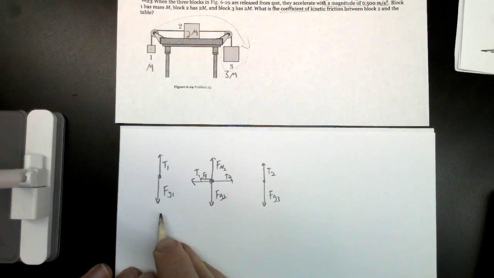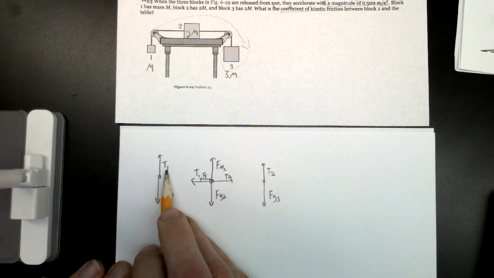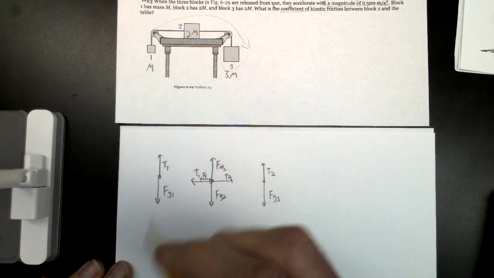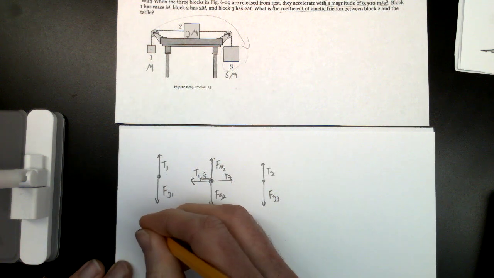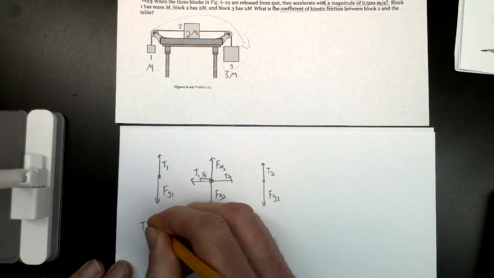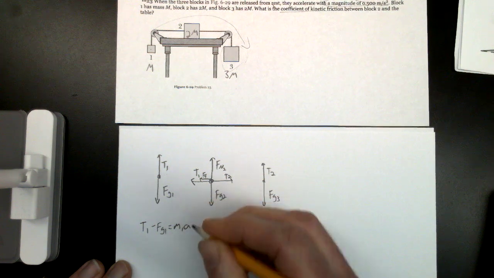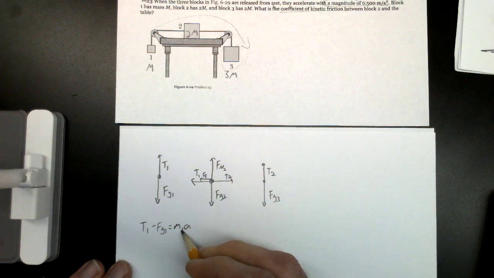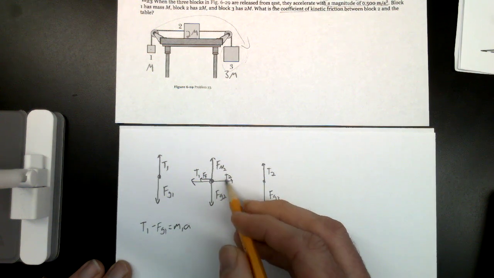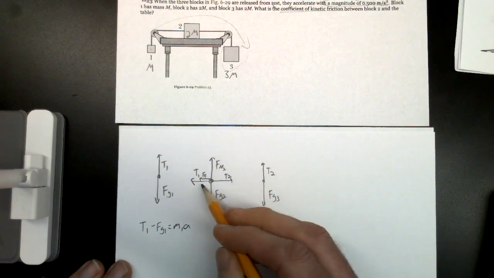Then we're going to write net force equations for these. So we're going to choose this whole clockwise direction as positive. So this is up. So we're going to write T1 minus FG1 equals M1A, the first mass. This one's going to look like up and down direction I don't really care about.